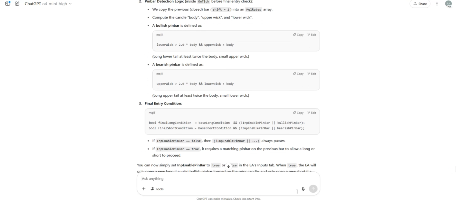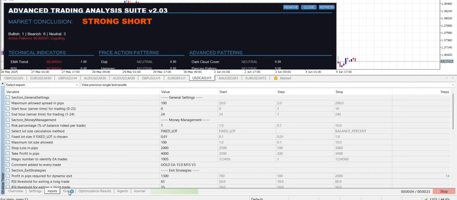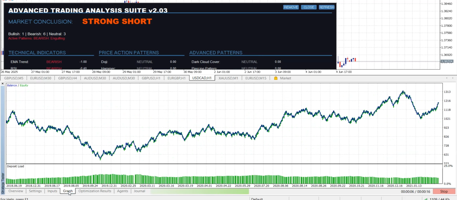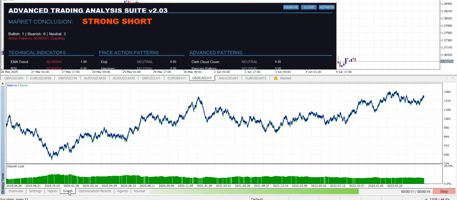And what we are going to do is run a 1 minute OHLC test, so we see how the original test looks, and how this Pinocchio, the pin bar, is going to improve or decrease the quality of the trades.